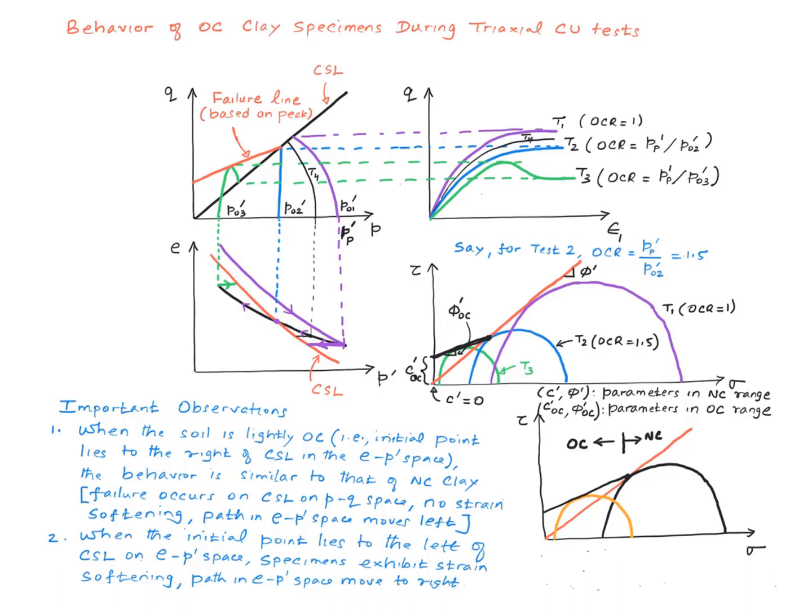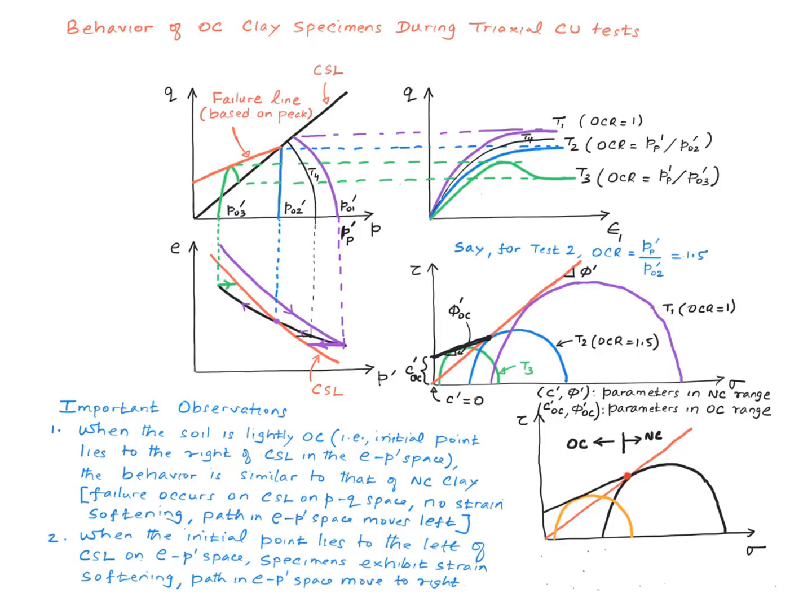One more point I want to make here is that this blue circle right here has an overconsolidation ratio of not exactly 1. Let's just assume that the overconsolidation ratio of that soil is 1.5, because we know we have allowed it to rebound up to this point. So it is lightly overconsolidated but not necessarily a normally consolidated soil. But in practice it's kind of difficult to find exactly that point, and therefore this is the assumption we make from a practical point of view.